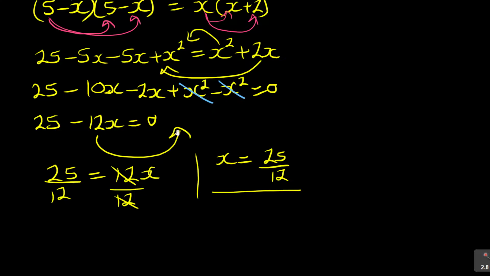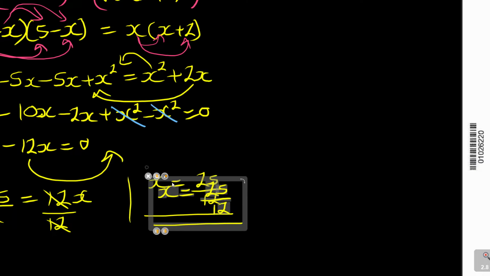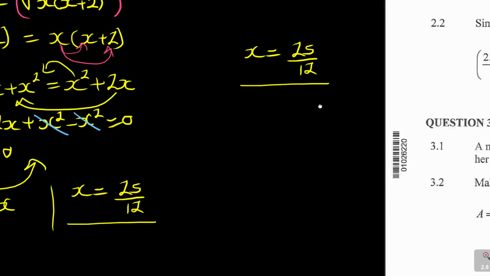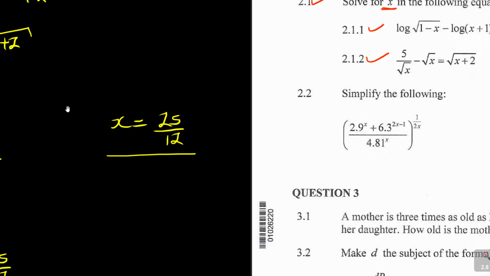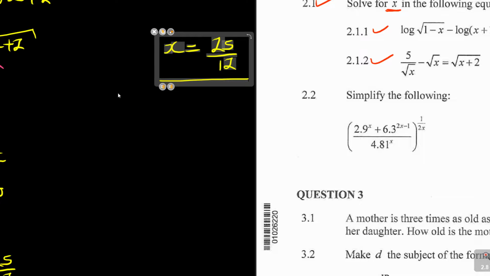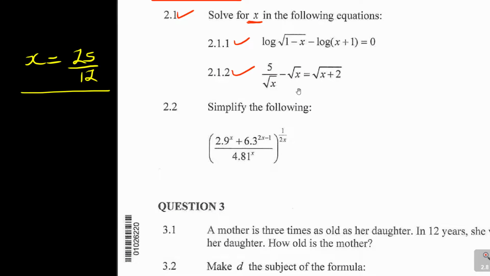So what I'm going to do, I can take this here. Let me just duplicate this. Remember, my x is 25 over 12. Bring it here and say, okay, if I've got my x as 25 over 12 here, can't I test that with the calculator? You can.